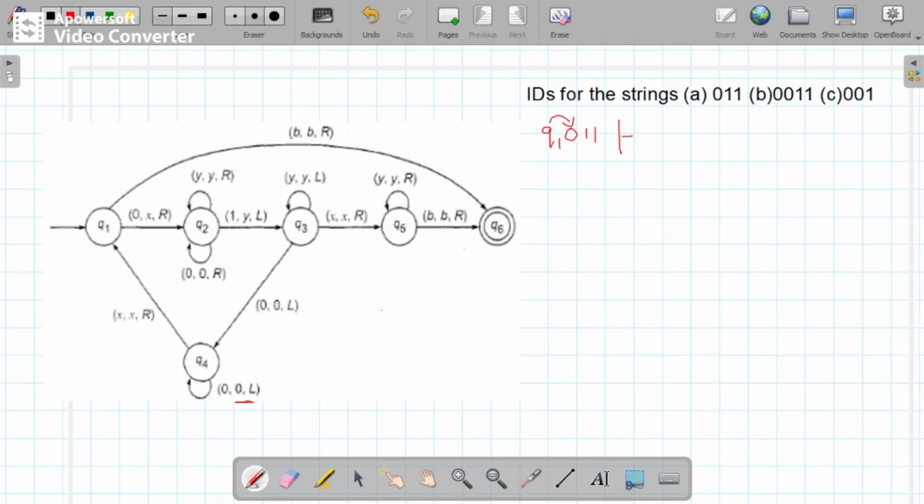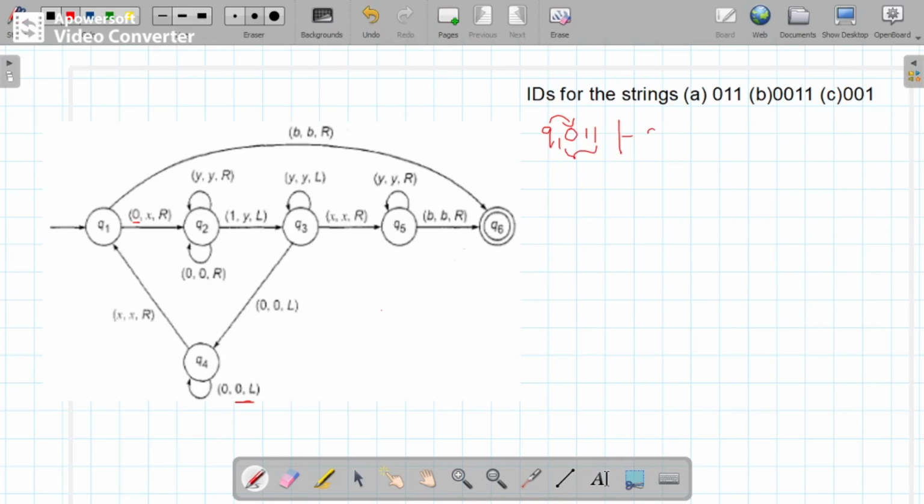Q1 on 0. The first character of these triples is always the input character, or the currently reading character. So Q1 on 0 goes to Q2 state. Then what will happen with the input?